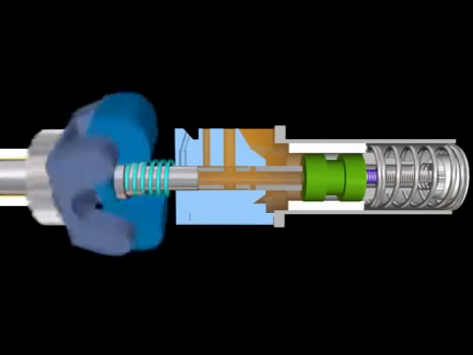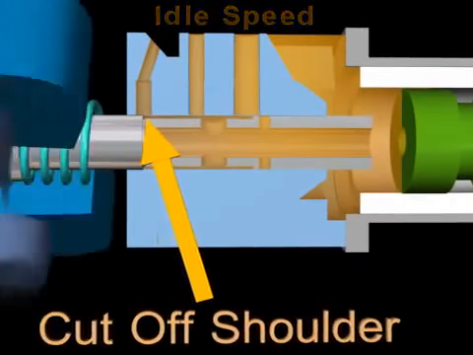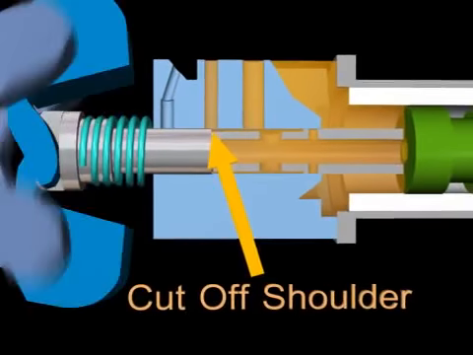The automotive governor controls idle governed speed and maximum speed by positioning the governor plunger cutoff shoulder over the appropriate fuel passage.